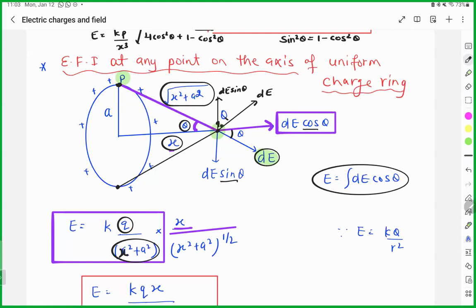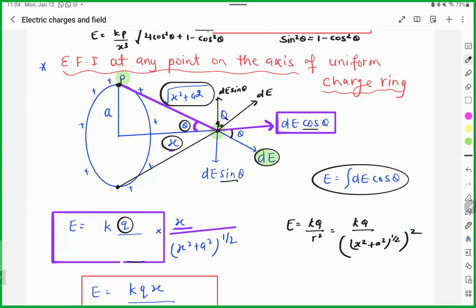Anybody have doubt? Yes. Sarah, you need explanation for this? Yes. So, I will write this again. We know the formula of electric field in general is KQ by R square. What is the R value in this case? It is x square plus a square whole to the power 1 by 2, because of the under root.